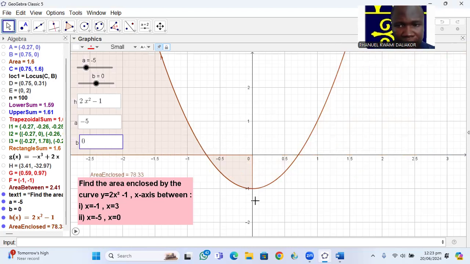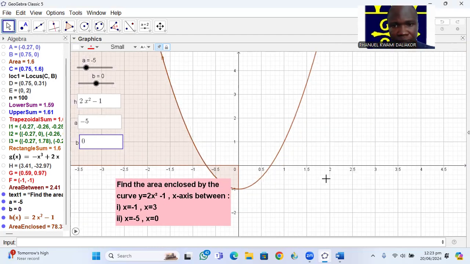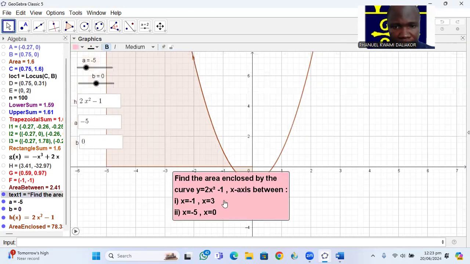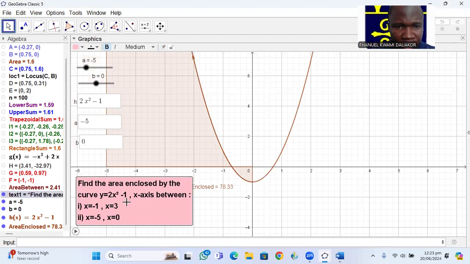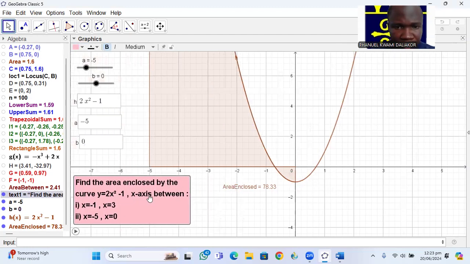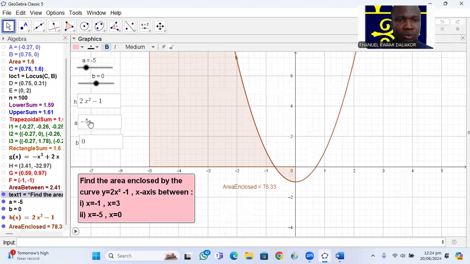You can see that the area is 78.33. So this is how we use GeoGebra to solve this integral problem. When you enter your interval A and B, A and B refer to your x values. That means you're integrating from A to B of a certain function.